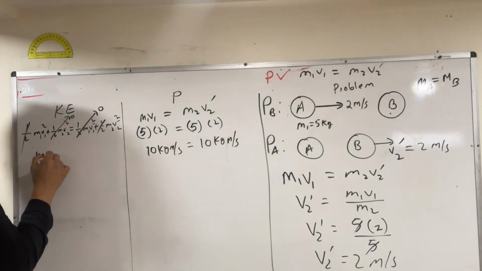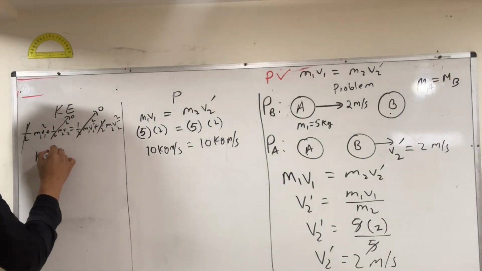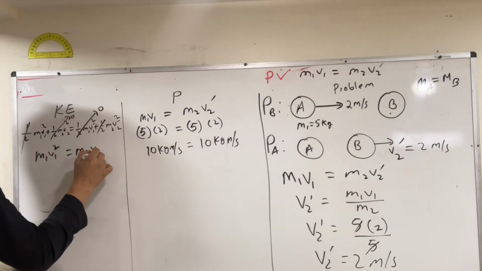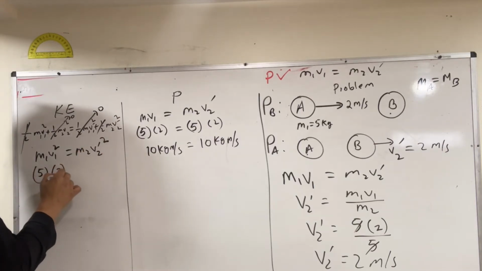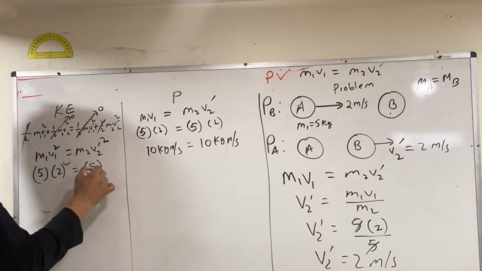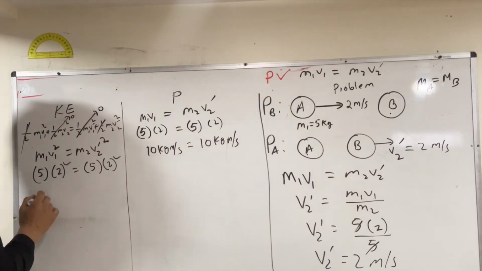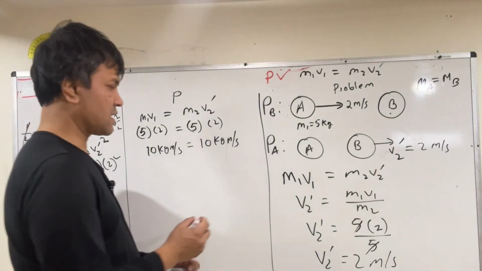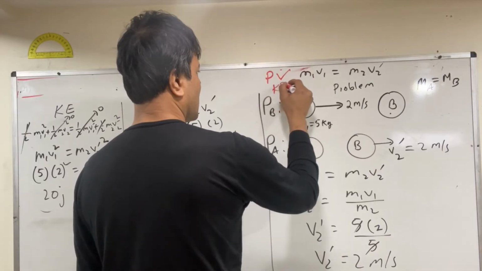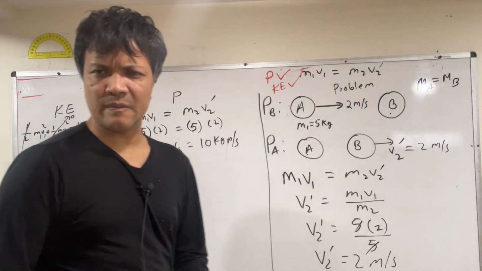So m1 v1 squared is equal to m2 v2 prime squared. m1 is 5, v1 is 2 squared, m2 is 5, v2 is 2 squared, right? So 4 times 5, 20 joules is equal to 20 joules. So the kinetic energy is also conserved, right?